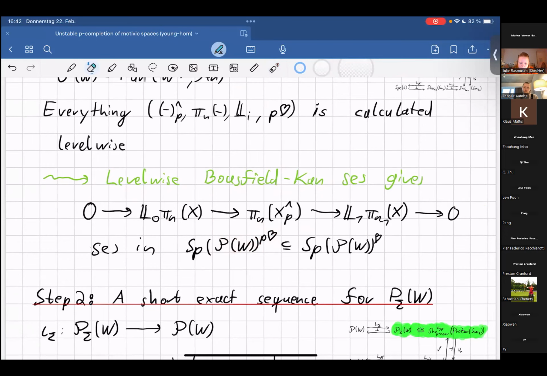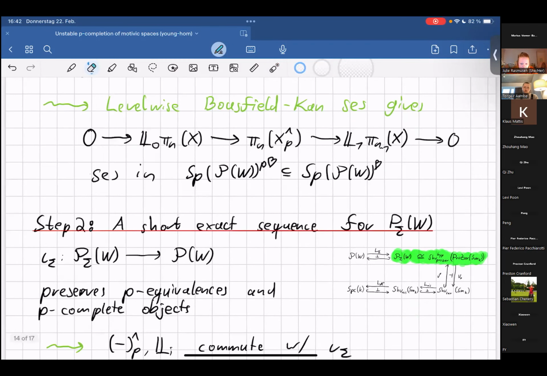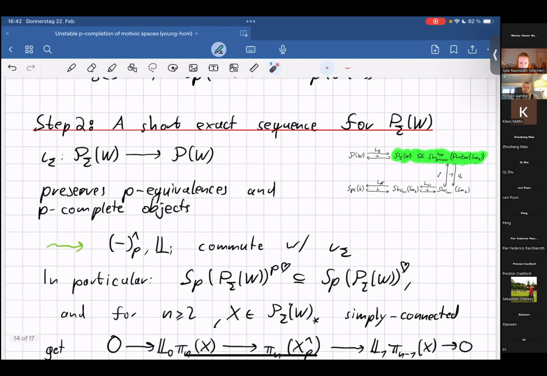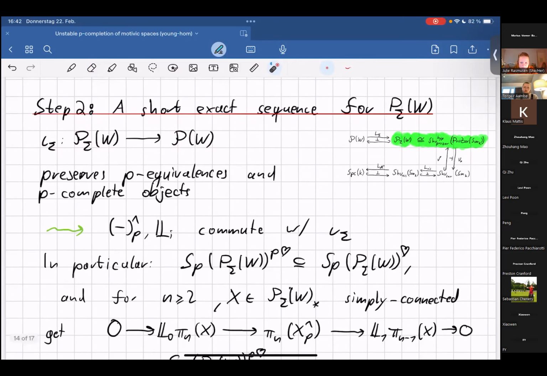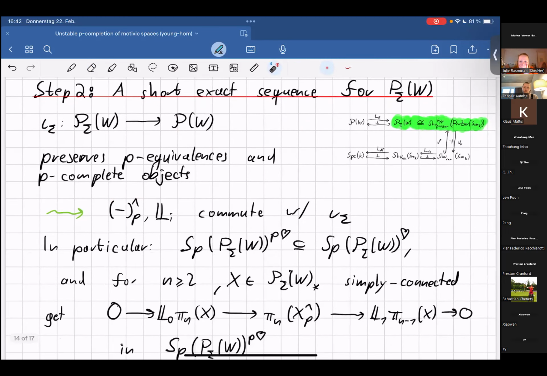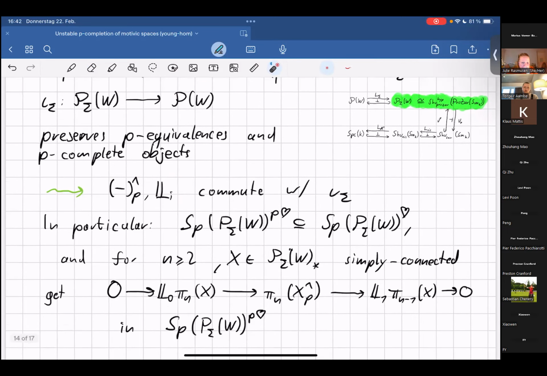Okay, and now we have it on this P of W, and we want to have it on this P sigma, and this is also comparatively easy because this inclusion functor from P sigma to P of W, which just forgets that our sheaf here is product preserving, preserves p-equivalences and p-complete objects. So one can show that it actually commutes with p-completions and those derived p-completion functors.